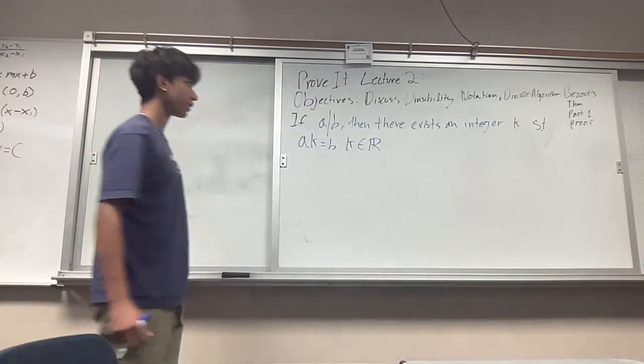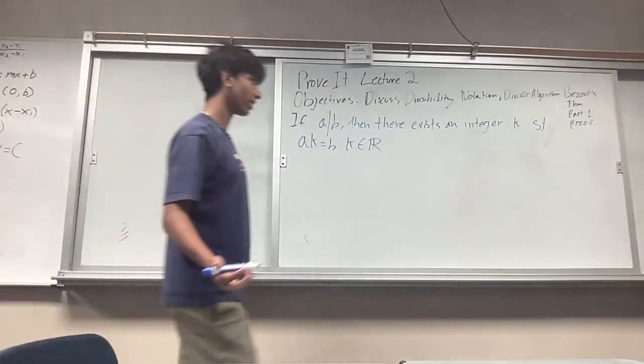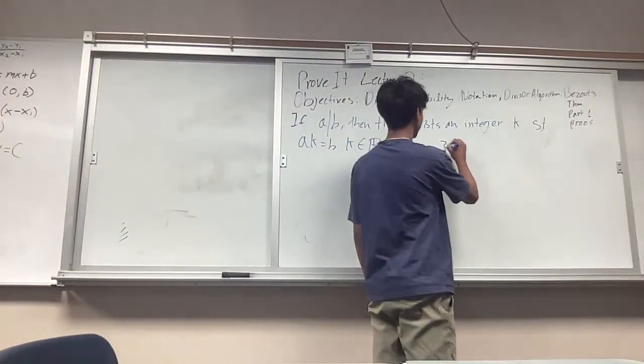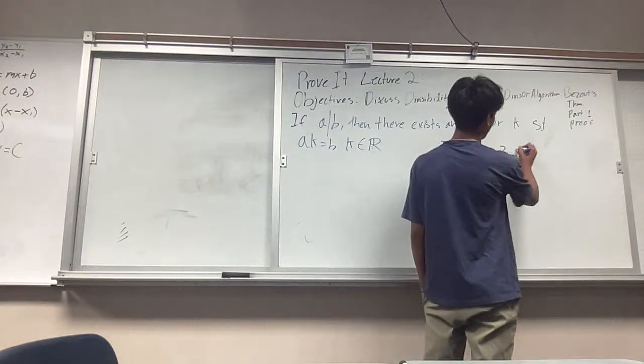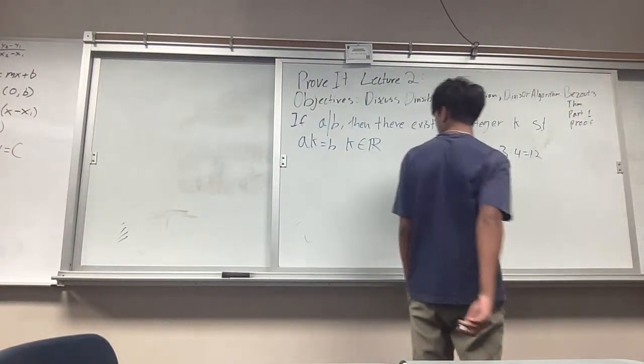Okay, it's a lot of jargon. Basically, it's saying that 3 divides 12 because there exists an integer 4, so that 3 times 4 equals 12.